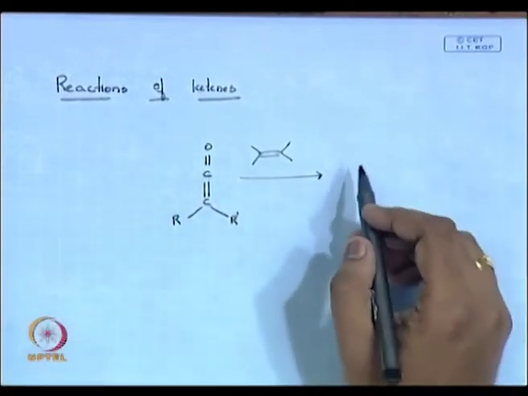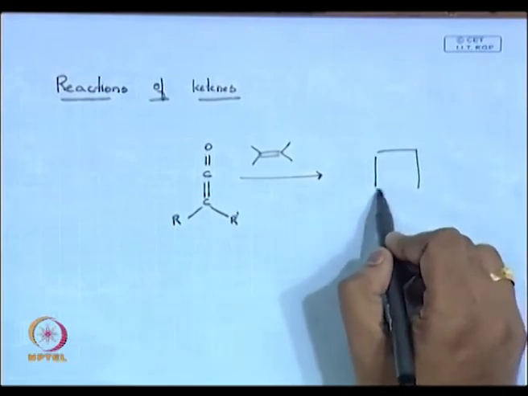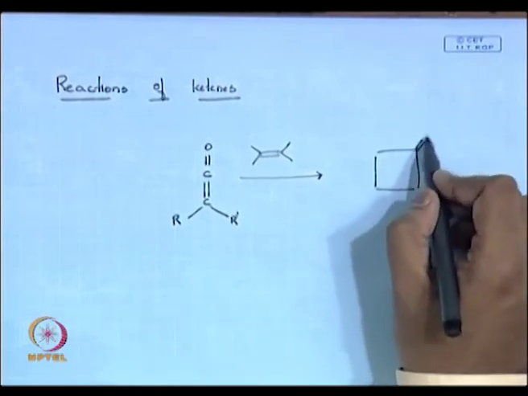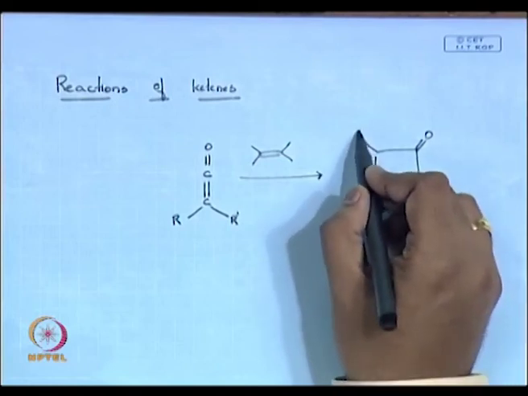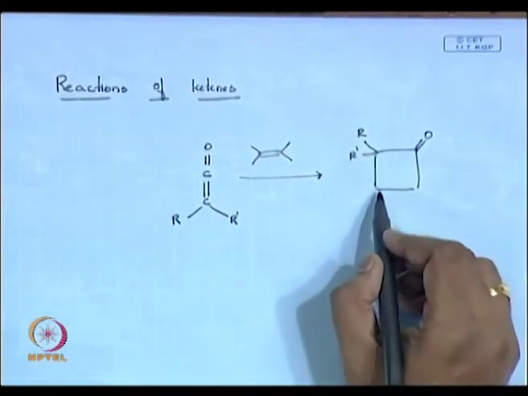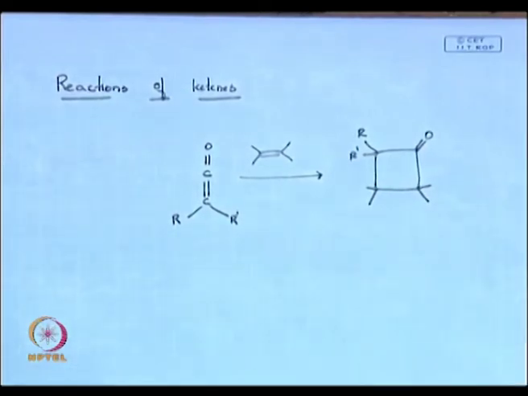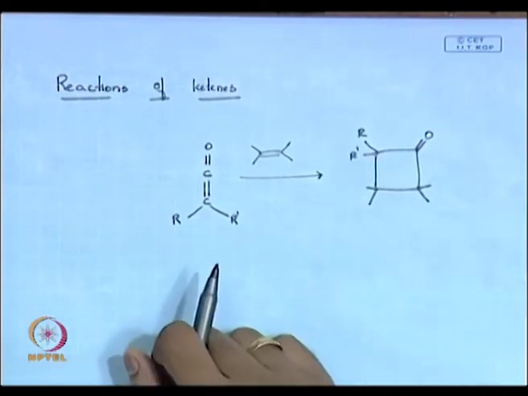So you end up with a product like a ketone, and this is your ketene part. We will talk about this alkene chemistry in detail.